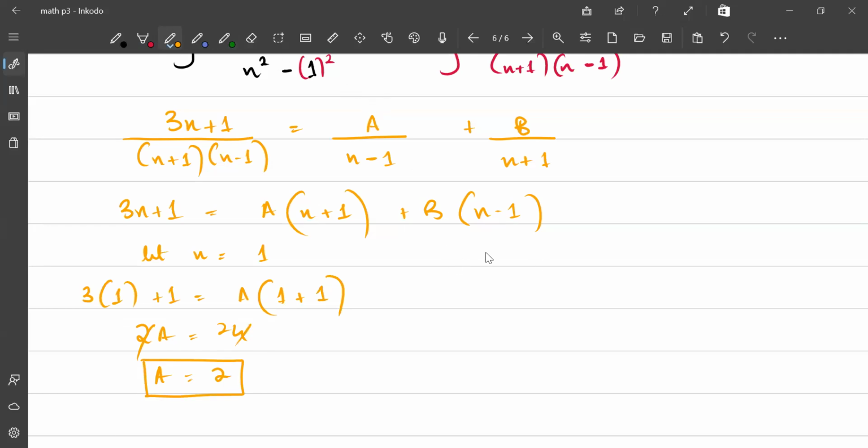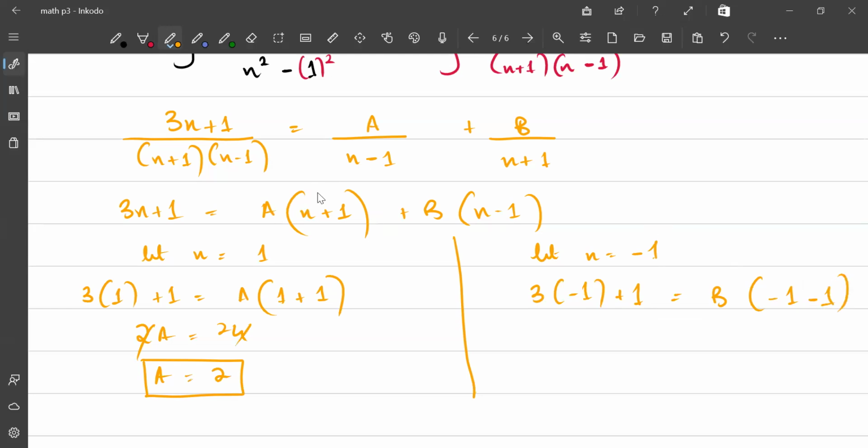Now let's find b. So in order to find b, let x is equal to minus 1. So we get rid of this whole thing. All right, so minus 3 plus 1 is equal to b times minus 1 minus 1.